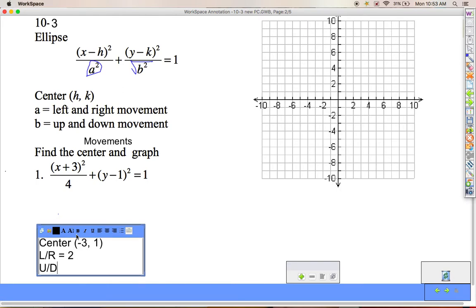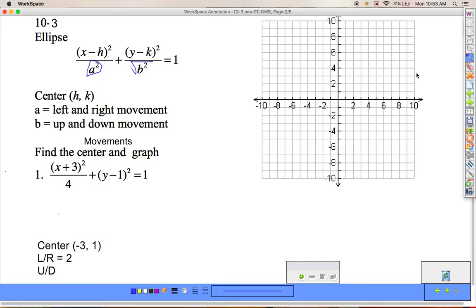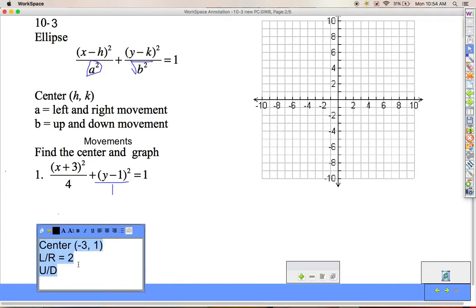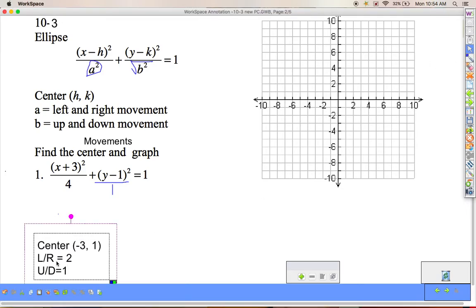My up and down movement is going to be the square root under my y, which I don't have anything written, so to help myself out, I'll make it a fraction. And now I'm going to take the square root under my y value. Square root of 1 is 1. That's more than half of my work right there.